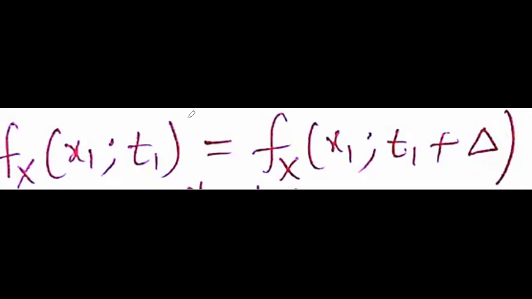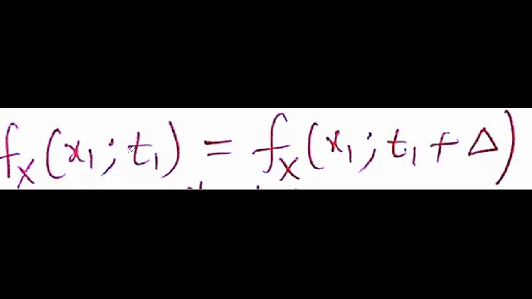Then this one, that is fx of x1 comma t1, is going to be treated as first order stationary process, right? So if you are going to consider this first order stationary process, it is independent of time. That is fx of x1 comma t1 is independent of time.